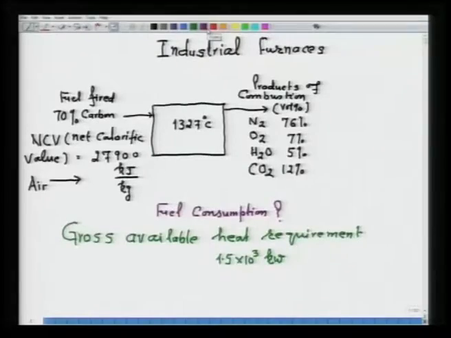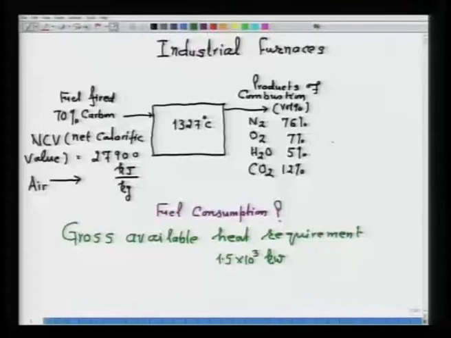Now, as I have said in my earlier lecture, when the temperature of products of combustion is not given, then you can assume that the products of combustion will discharge at least at the temperature of the furnace. It cannot be discharged below that temperature, and we can safely assume that it discharges, in this particular problem, at 1327 degrees Celsius.